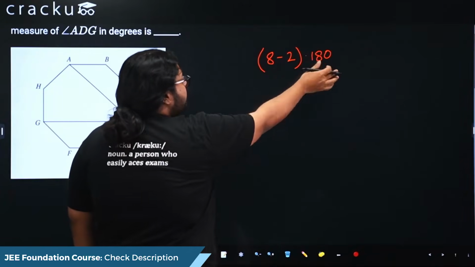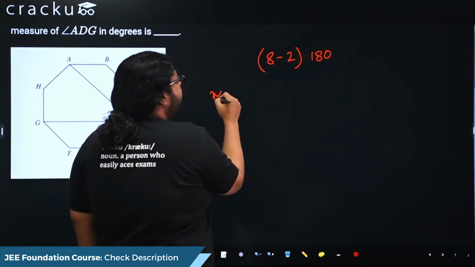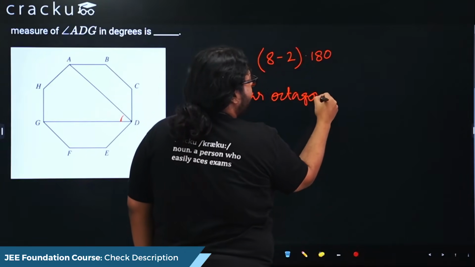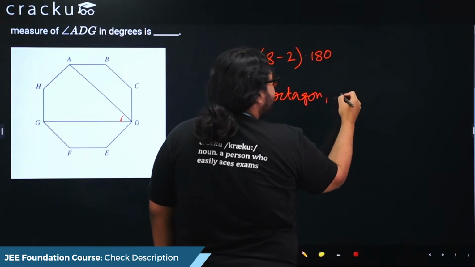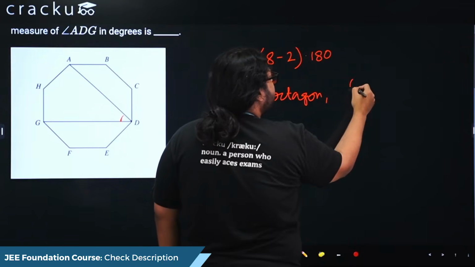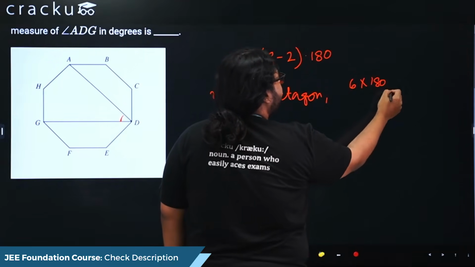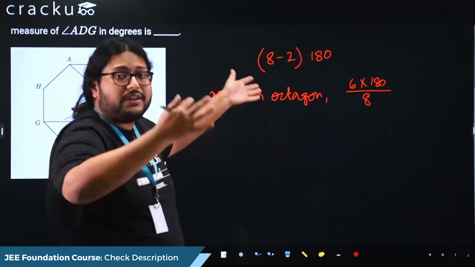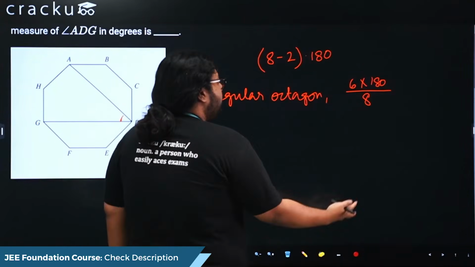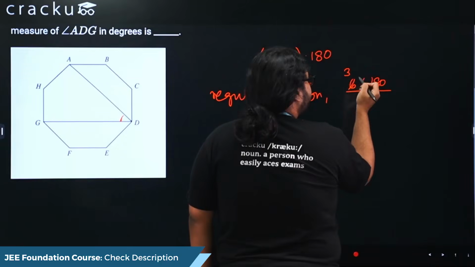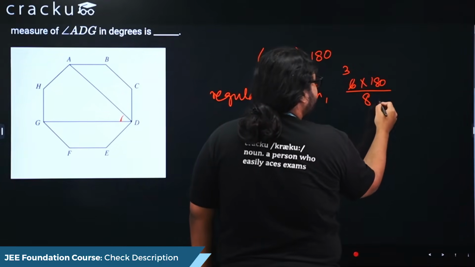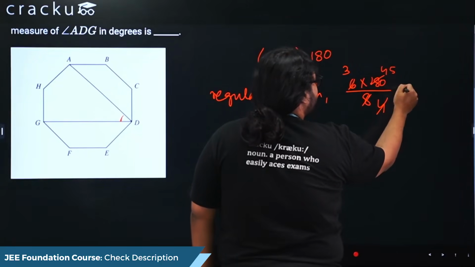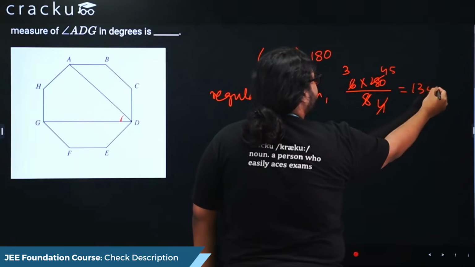So this is 6 into 180, and for a regular octagon, each angle would basically be equal to 6 into 180 divided by 8, because all the 8 angles are equal. So the sum is divided equally among all. Simplifying this, 2 3s are 6, 2 4s are 8, 90, 45. So this is basically 135 degrees.